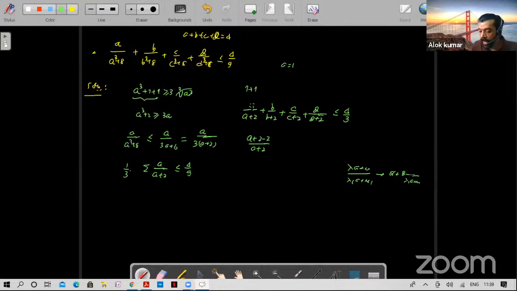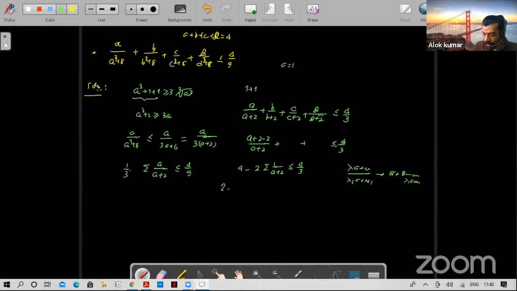So I write a in terms of a plus 2 and 3 more such terms less than or equal to 4 over 3. That gives you 4, because a plus 2 over a plus 2 is 1, times 4, minus 2 sigma 1 over a plus 2, is less than or equal to 4 over 3. So the sign changes and this 2 cancels.